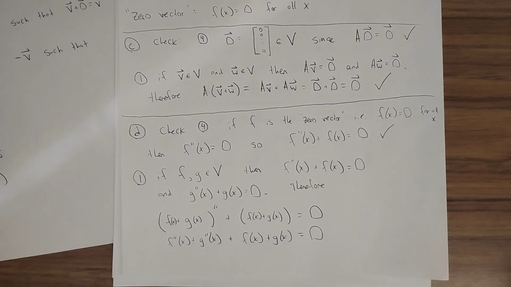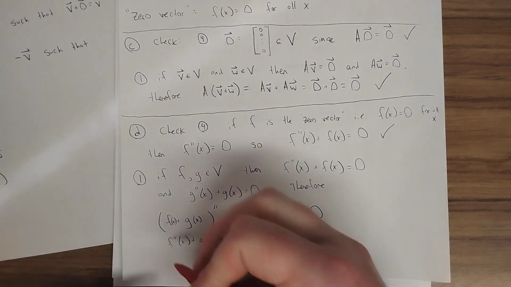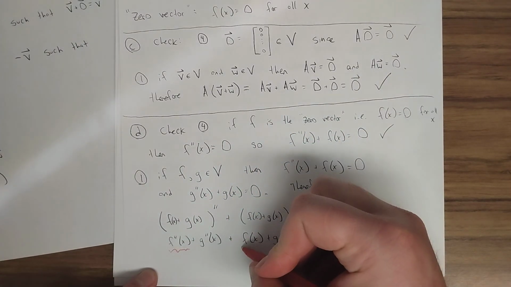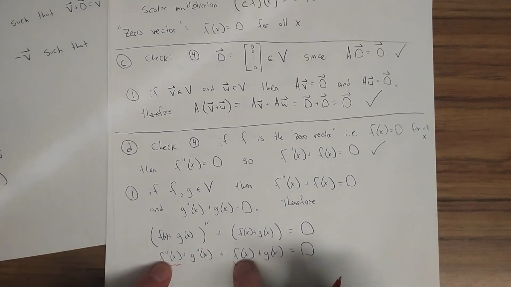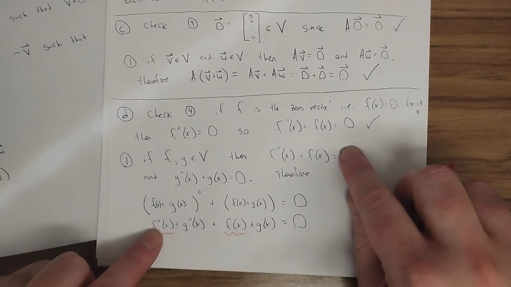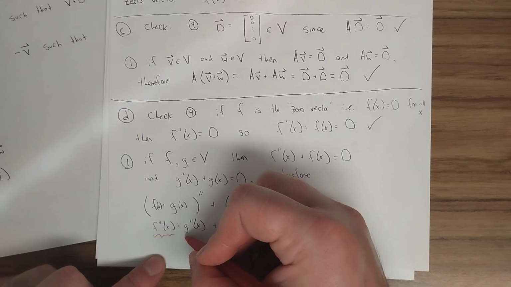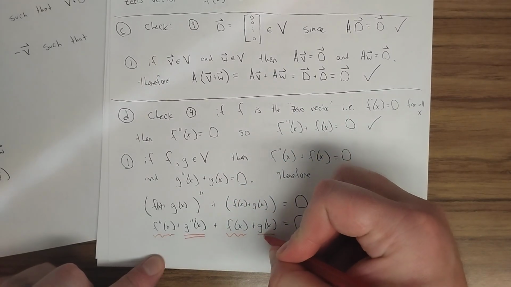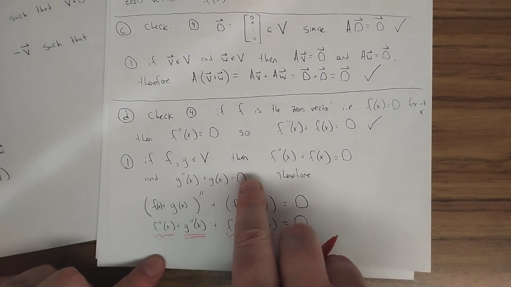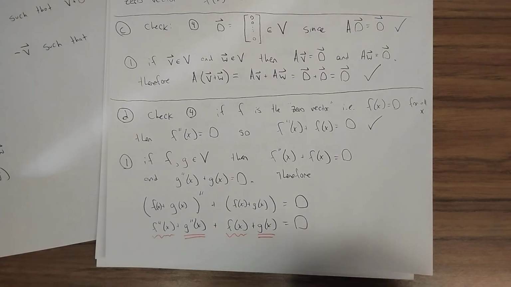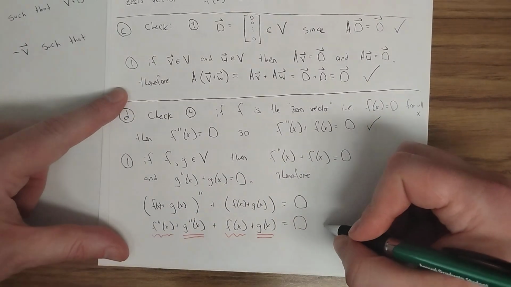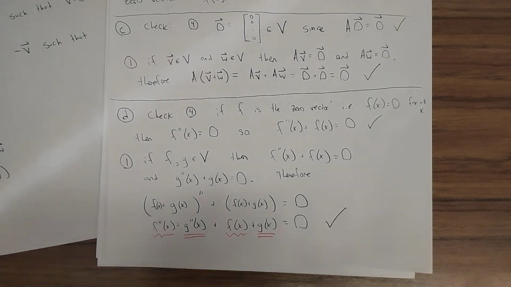And then what do I know? I know that this plus this is 0 from there. And I also know this plus this is 0 from there. So I've just got 0 equals 0. So the property checks out. Okay.